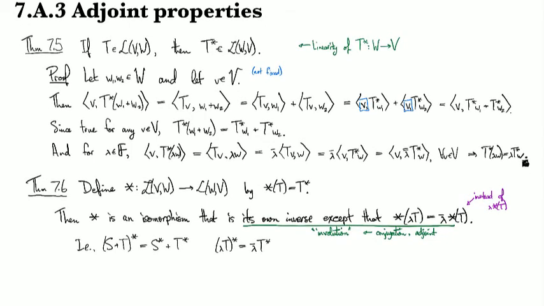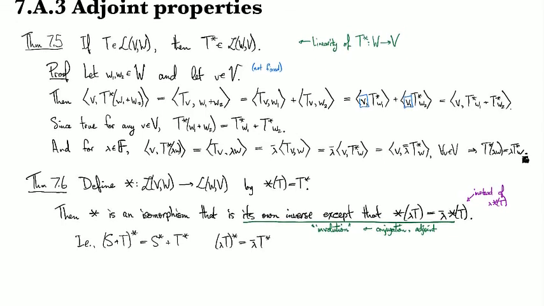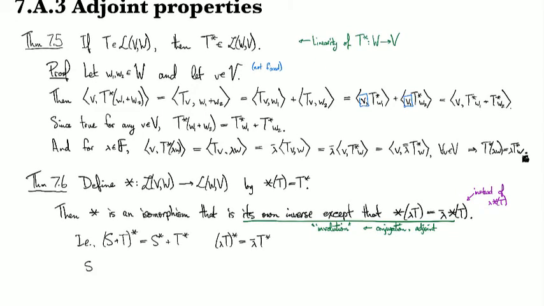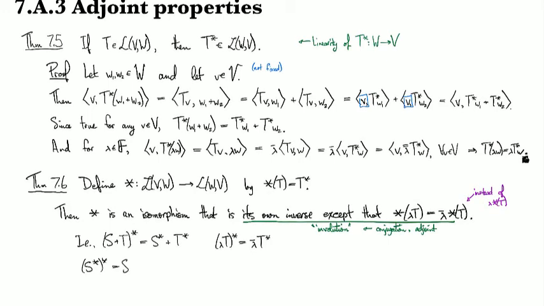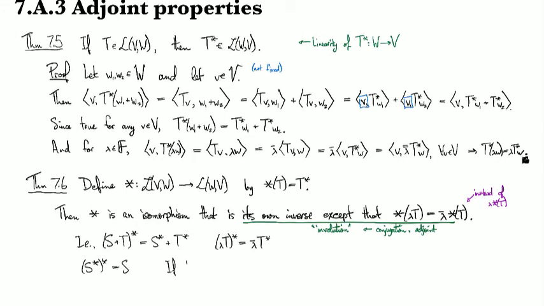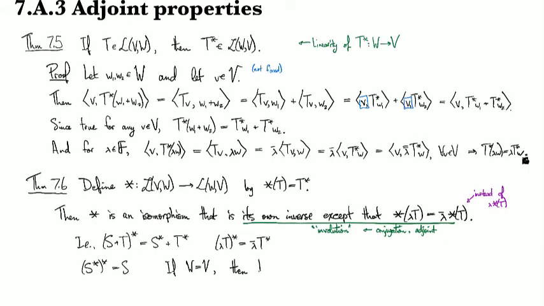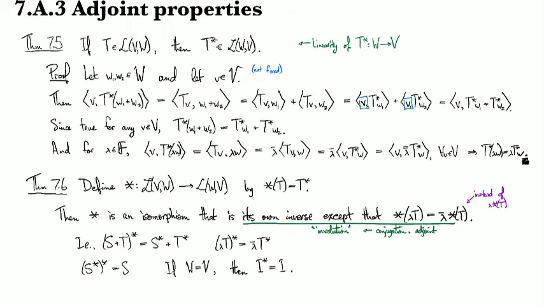And so this part about it being its own inverse is that, you know, S adjoint adjoint is S. And we also have that if W is equal to V, then the adjoint of the identity is just the identity, so it doesn't do anything to the identity.